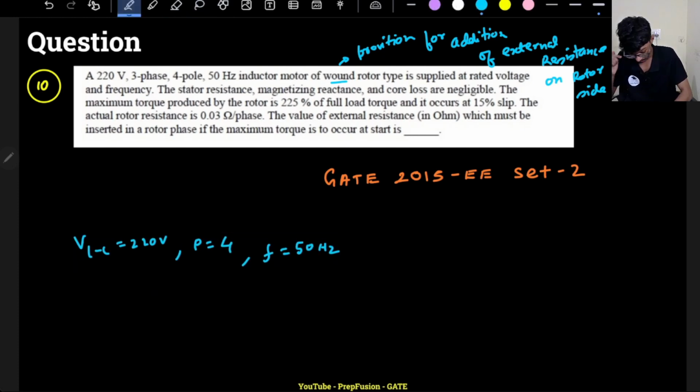Okay, the stator resistance, magnetic reactance and core loss are totally negligible. So only I have rotor resistance and rotor reactance.